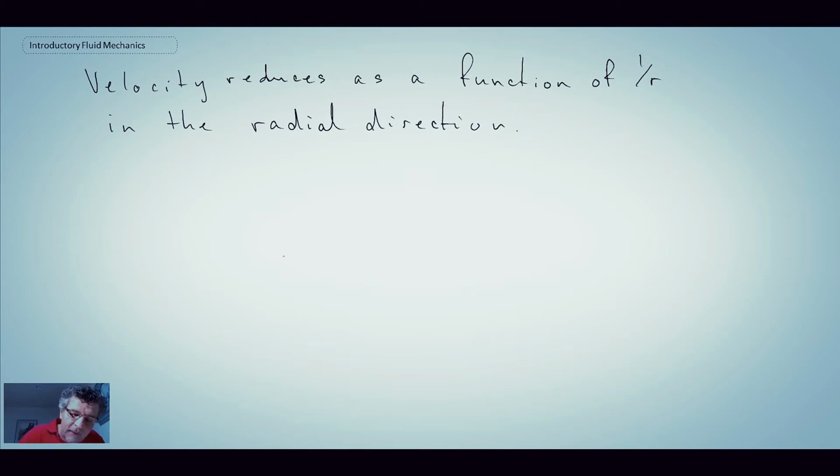So if we had our system here, we have fluid flowing out at the center, and let's just show this in our cylindrical coordinate system.